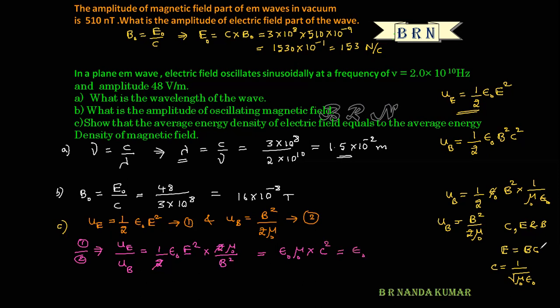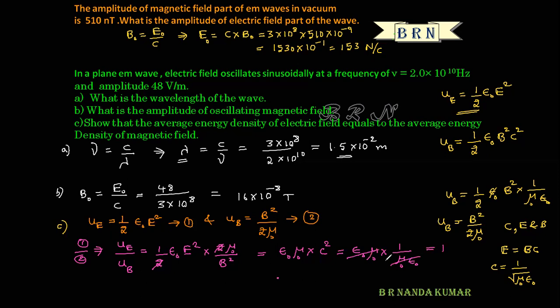E by B is C, so E by B whole square is C square. C is 1 divided by root mu naught epsilon naught, so C square is 1 divided by mu naught epsilon naught. So mu naught epsilon naught cancels, and this is equal to 1.